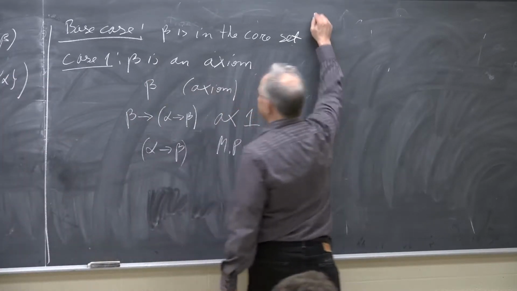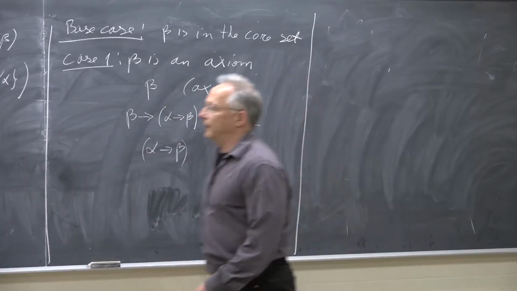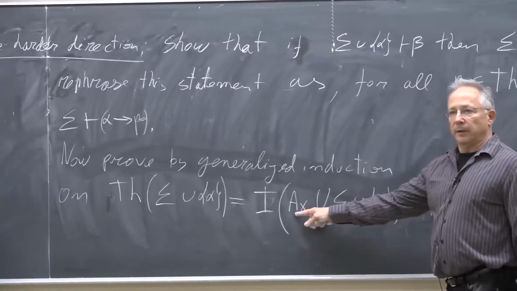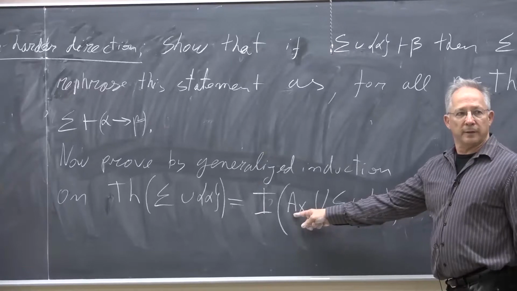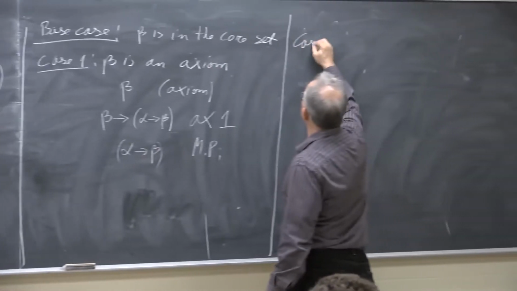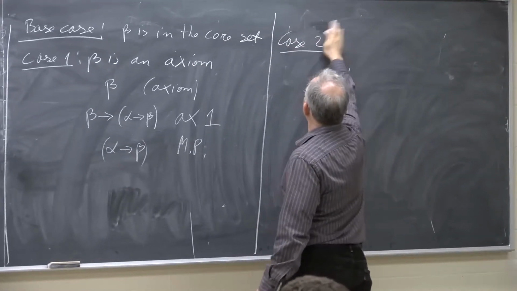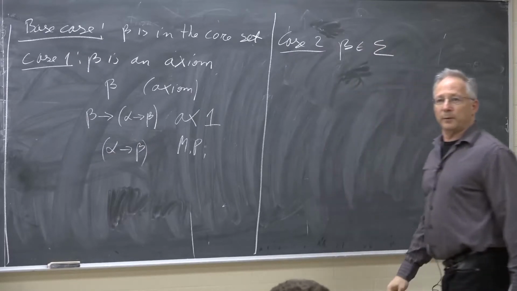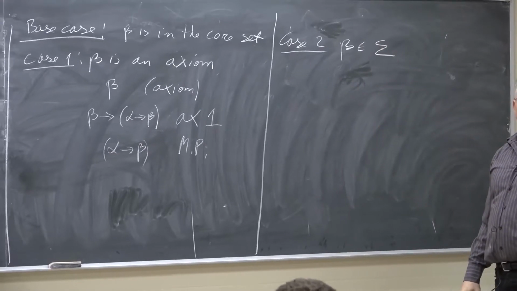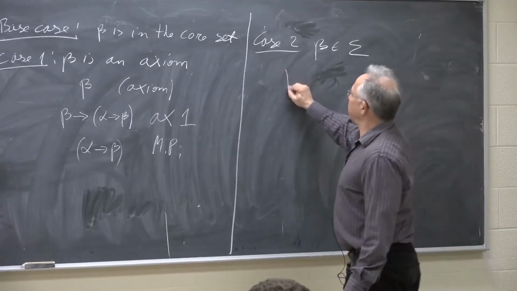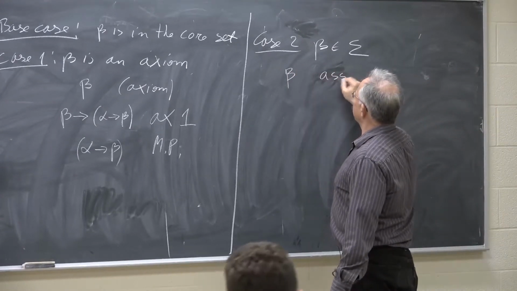The first case is the base of the induction. So we checked the case that beta comes from here. What else could be in the core? What's the other case? Right. The other case, case 2, beta is in sigma. What will we do in this case? Exactly the same proof, except that I'll write beta, but now it's an assumption.